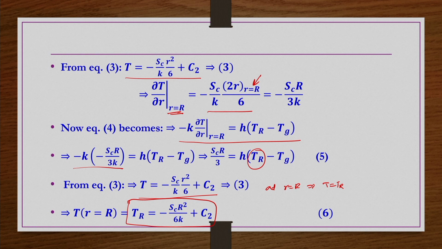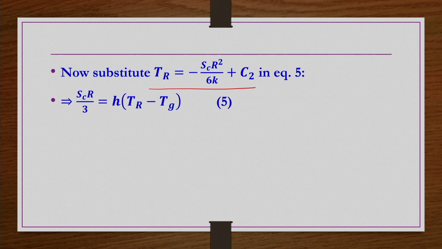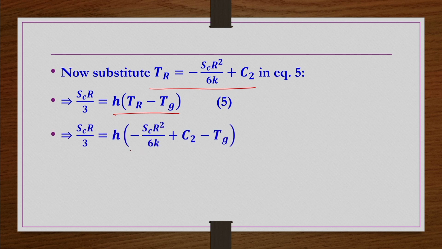Now you can use this in equation number 5. Substitute T_R, that is minus Sc R square by 6k plus C2, in equation number 5. Equation number 5 is Sc R by 3 equals h (T_R minus T_G). So, in place of T_R we write this one.